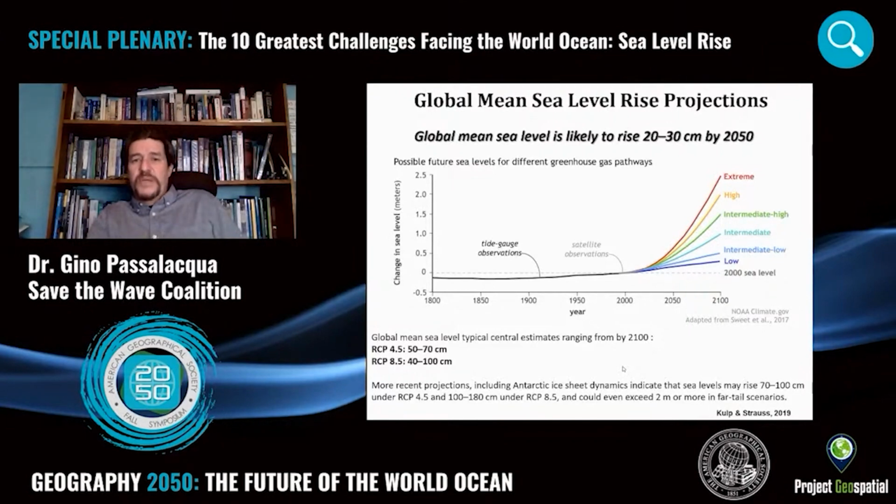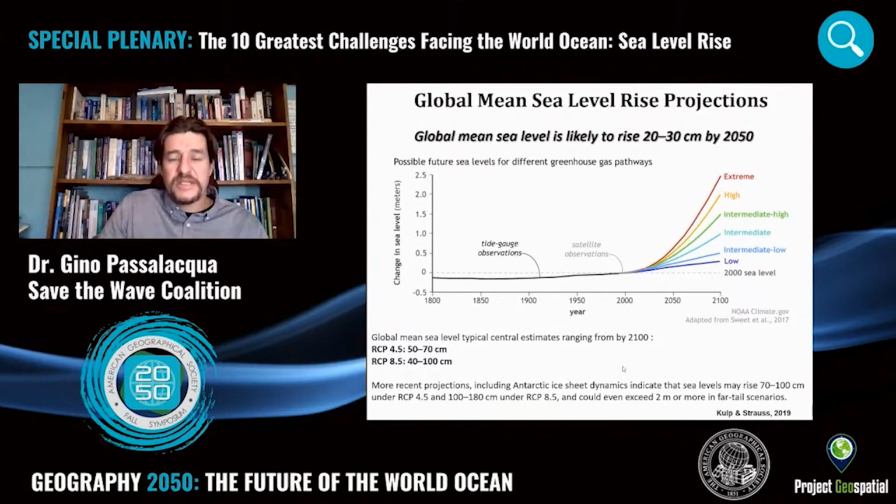Basically, depending on the global warming scenarios that we follow and the measures that we're going to take, we're going to have different levels of sea level change. In the most extreme scenarios, you can see here in orange and red, we have up to almost 2.5 meters of sea level rise.